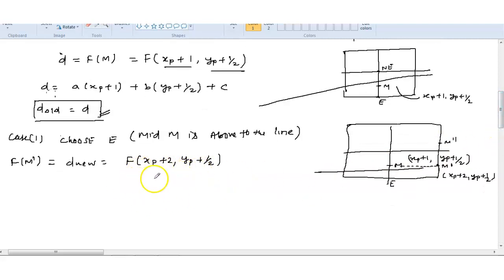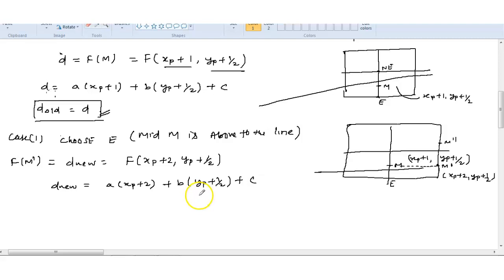If you substitute this point in the equation, you can check what changes happen from d old. So we can write d new is equal to a into xp plus 2 plus b into yp plus half plus constant c.